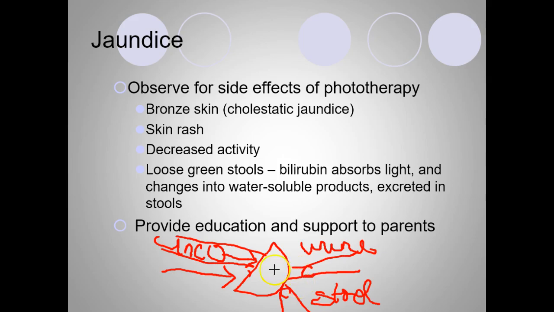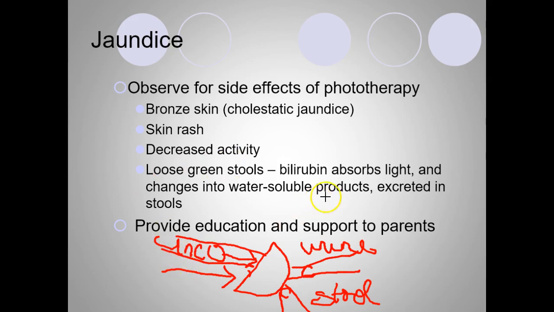So the bilirubin that is in the skin, so you guys, of course the babies look yellow. The bilirubin that's in the skin gets bathed by the light. The bilirubin then changes to lumirubin, depending on the text you read, and that is a partially water soluble form of bilirubin.